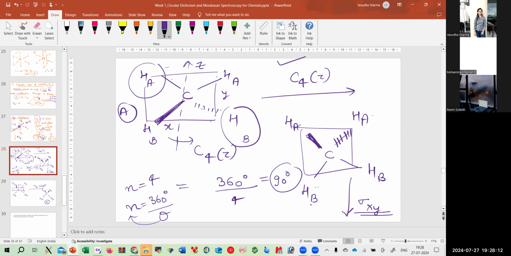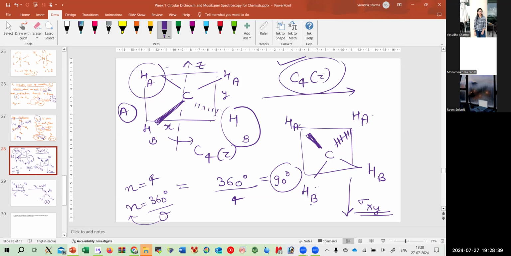So for this S4, you need to go back and solve more examples to get to know more about the improper axis of rotation. The take-home message is that for an improper axis of rotation to happen, it is not compulsory to have both the C4 Z axis and the sigma plane in the same molecule.